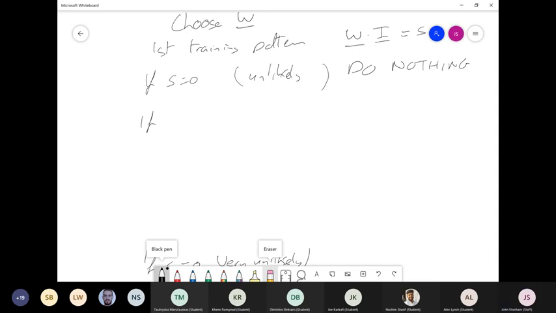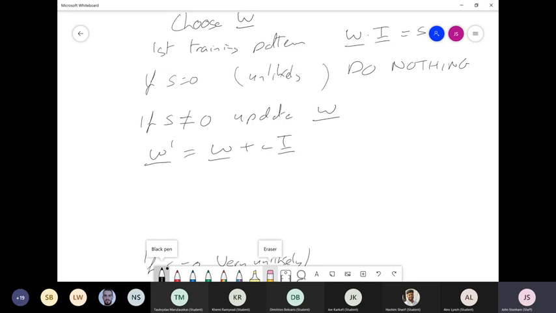If S is not equal to 0, update W. And the update is the same as we had with error correction feedback. An updated vector W prime equals W plus Ci, a fraction of the input pattern.